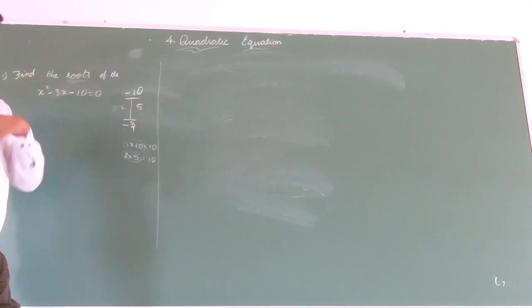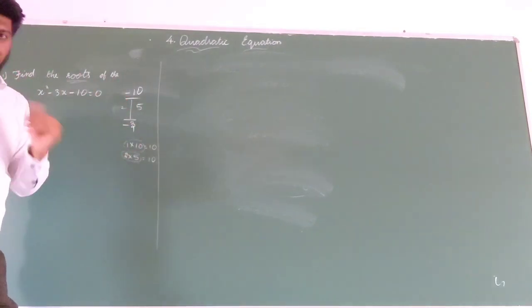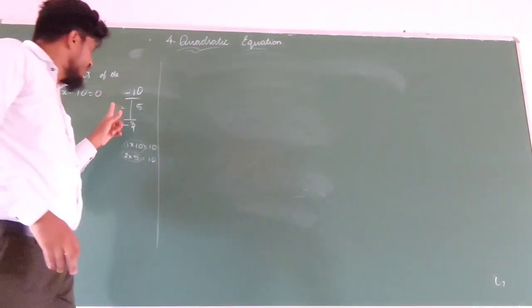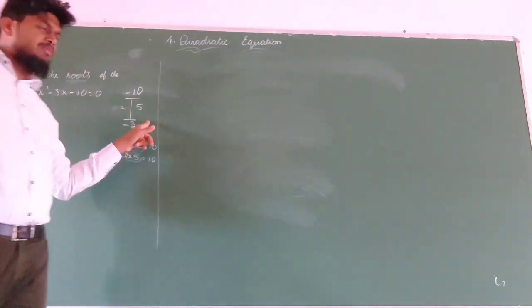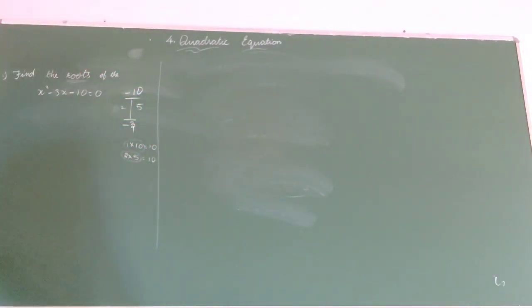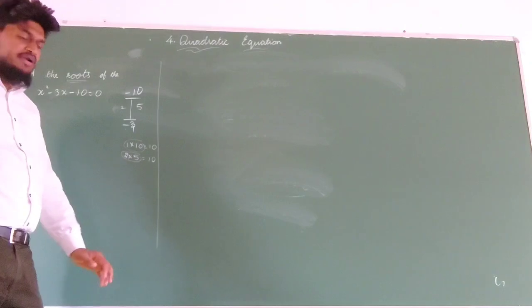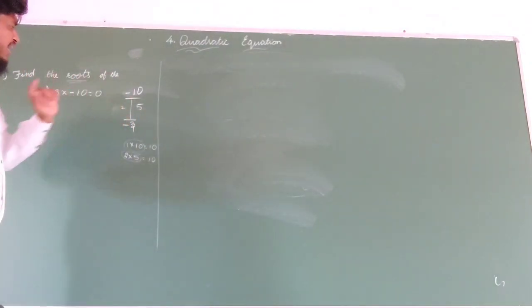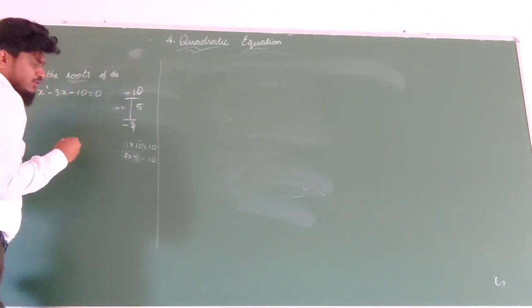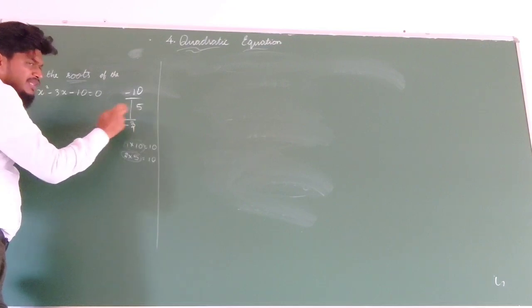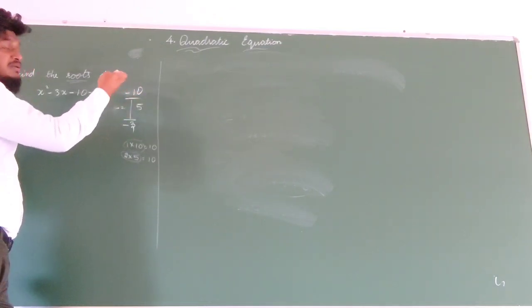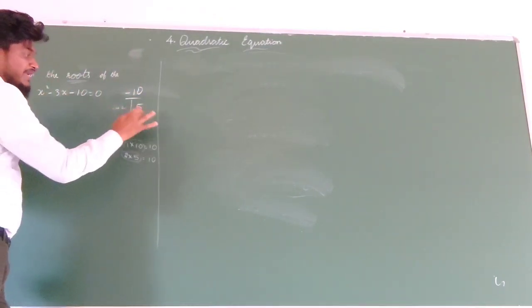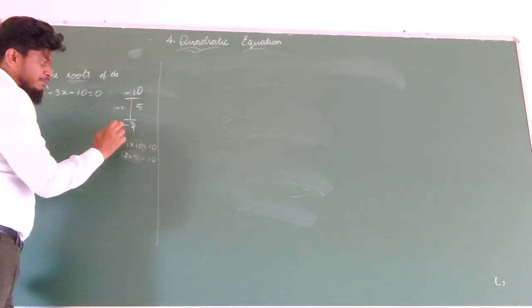If you multiply these two numbers, we can't get minus 10, because we know that when a positive number is multiplied with another positive number, the result will definitely be positive. That's why I am making minus here. If I apply minus here, then multiplying these two, minus 2 into 5, it's minus 10. Okay, and then by adding these two, we get plus 3.